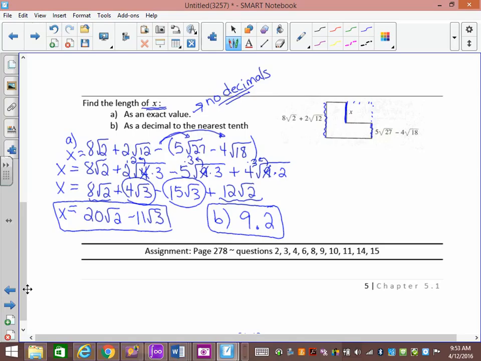For 2, 3, 4, 6, 8, 9 and 10, for all of these ones, I want you to do parts A and C. I should take out the '2 questions'. That doesn't make any sense. For each of these, I want you to do part A and C. '2 questions' makes it sound like you could do 2 out of all of them, but no, that's not it.